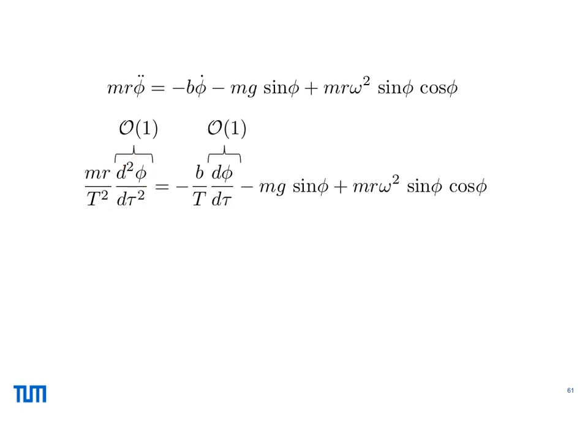So we will multiply everything by T squared and divide everything by r.